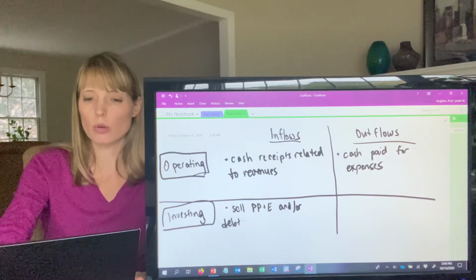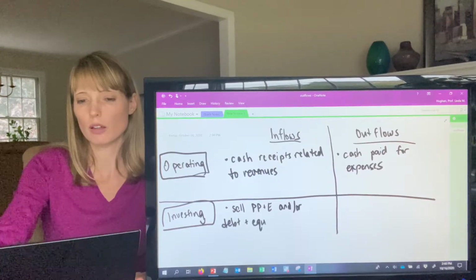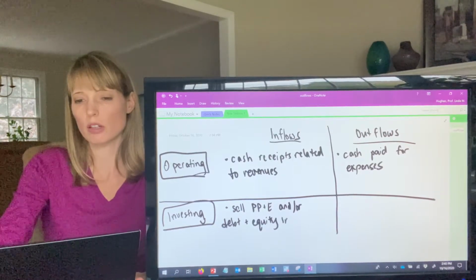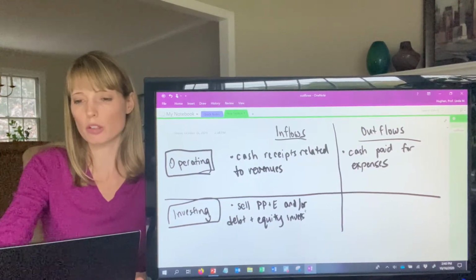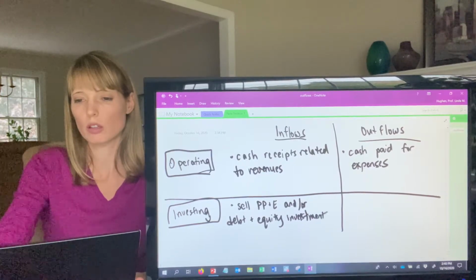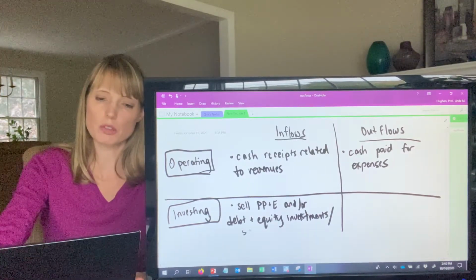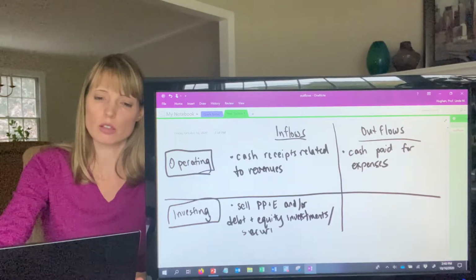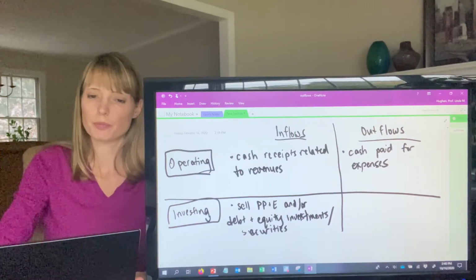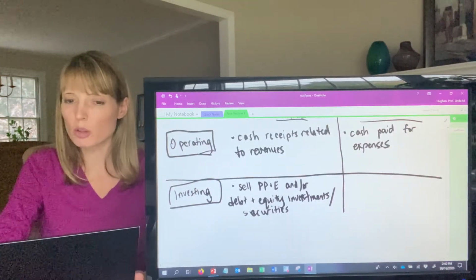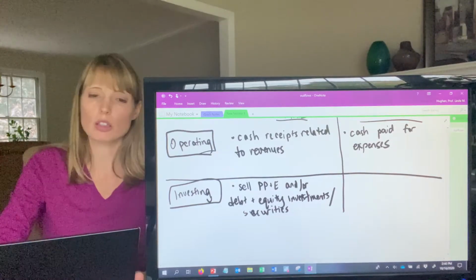So debt and equity investments, right? We sell our stock portfolio, we're going to receive cash. And those investments we sometimes say are securities. So sales of plant, property, and equipment and or debt and equity securities.